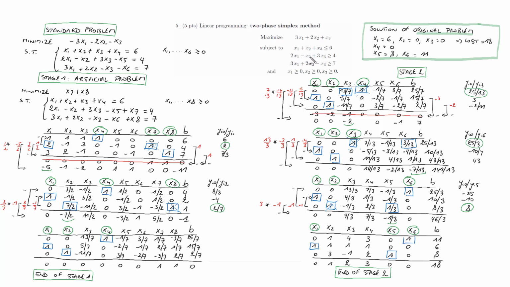So you have a surplus of 8, and this is correct as well. If you plug in the solution in the last inequality, well, you'll have 3 times 6, which is 18, and you have a surplus of 11, and this is also correct. And this is the end of, well, question 5.